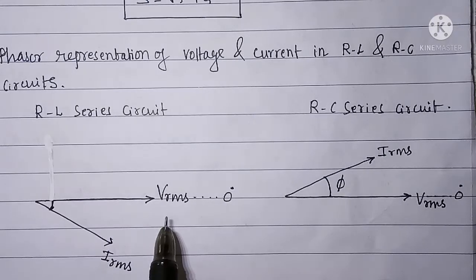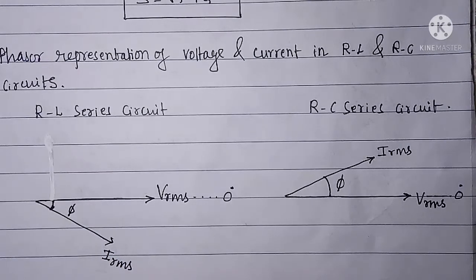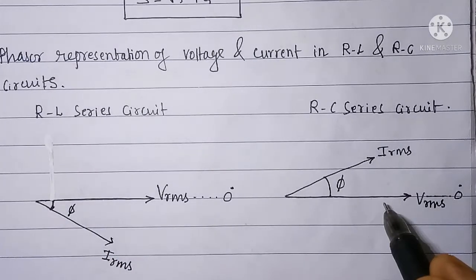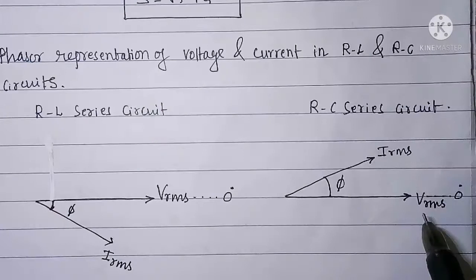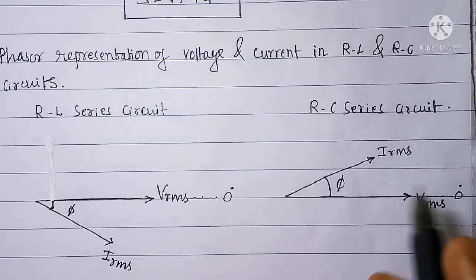In RL series circuit, Irms lags Vrms by phi degrees. And in RC series circuit, Irms leads Vrms by phi degrees.